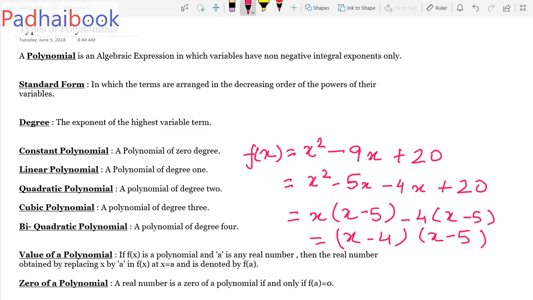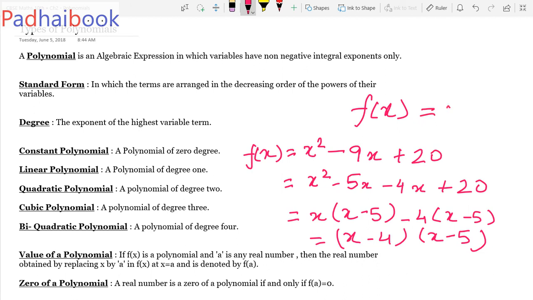Now we were given this polynomial x square minus 9x plus 20. When we factorize this by middle term splitting, we got (x minus 4) multiplied by (x minus 5). Now we have to find where the function becomes 0, where the polynomial becomes 0.